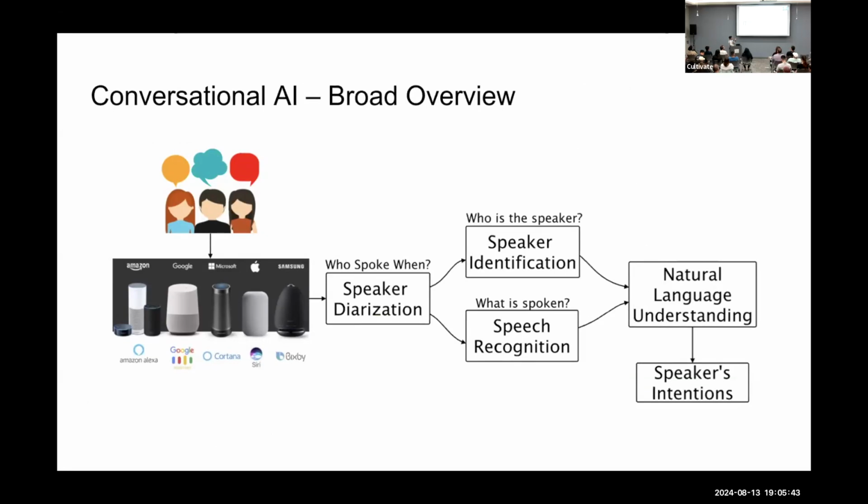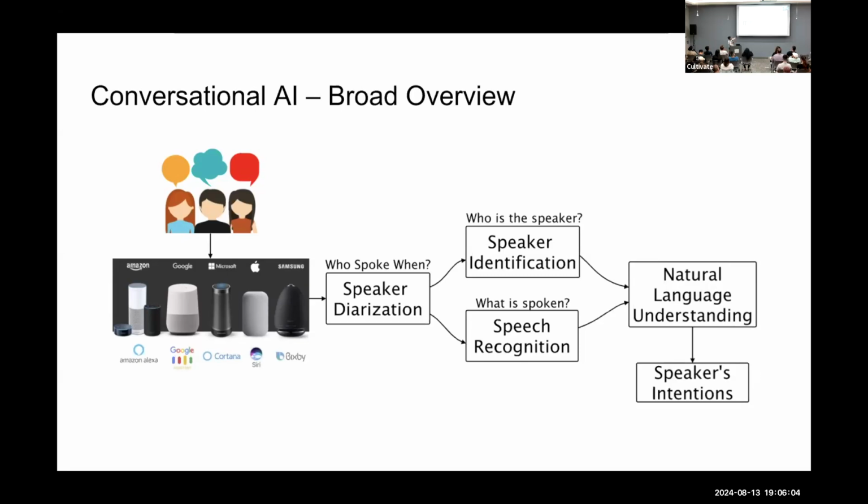Once you divide that into different speakers, you pass it to the speaker identification module, which is like a voice biometric. Then you also perform speech recognition, which identifies the content of the speech, because that's what you are interested in.